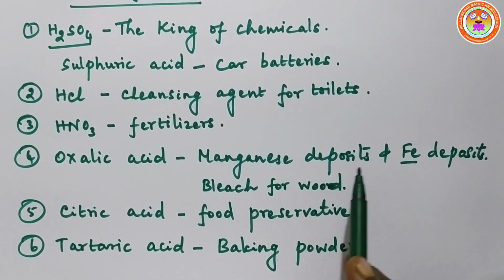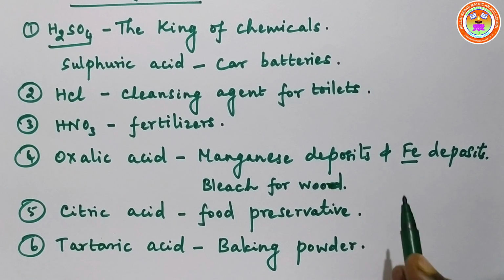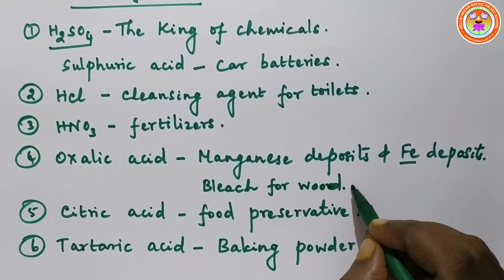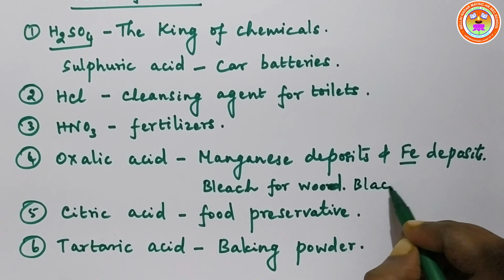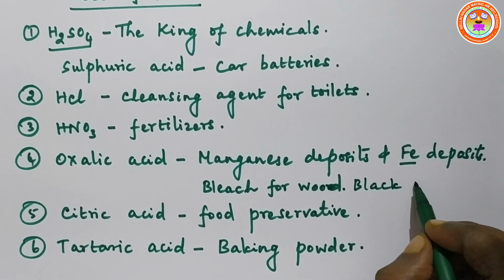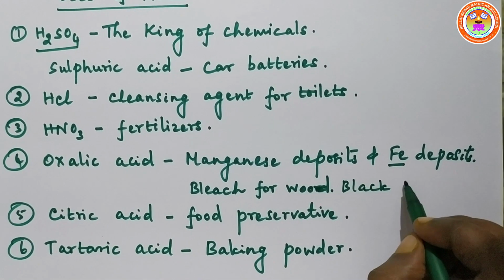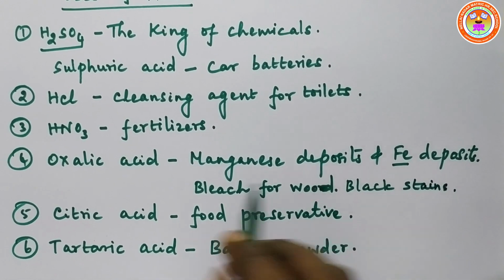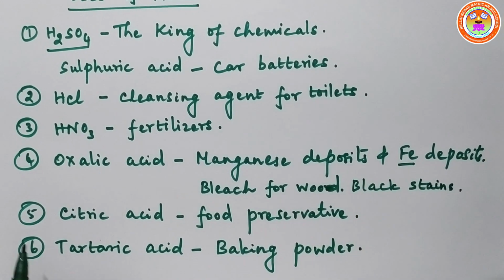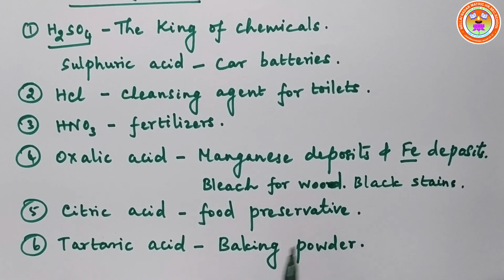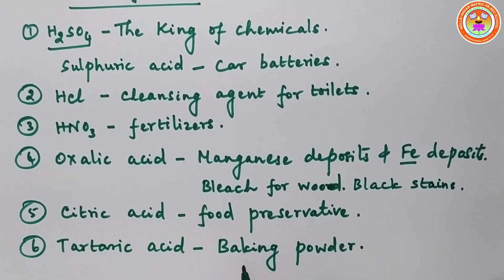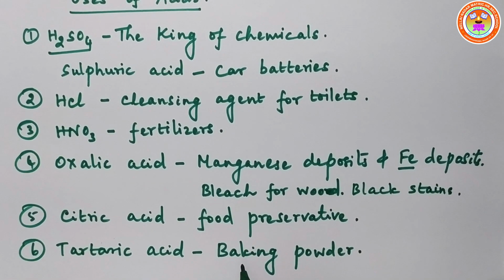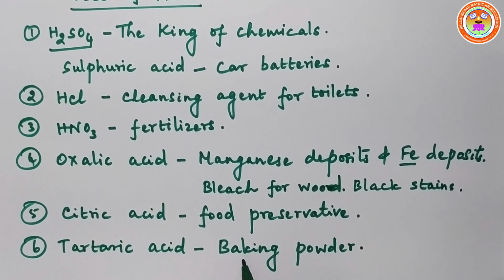Oxalic acid is used to remove black stains, manganese and iron deposits, and as a bleach for wood. Citric acid is used as a food preservative. Tartaric acid is the main constituent of baking powder.